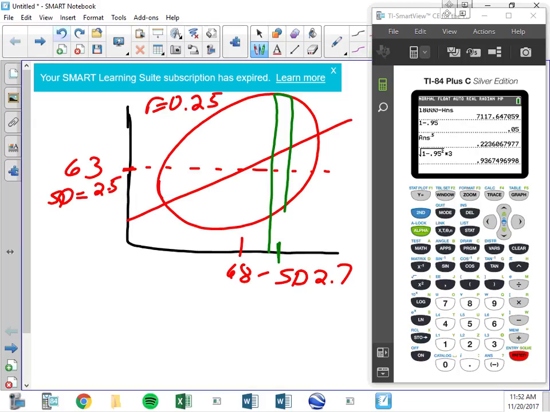So we want to calculate what percentage of the women in that particular column are above 63 inches. And we would expect it to be higher than normal because this area is smaller than this area. Okay? So, here is the problem.